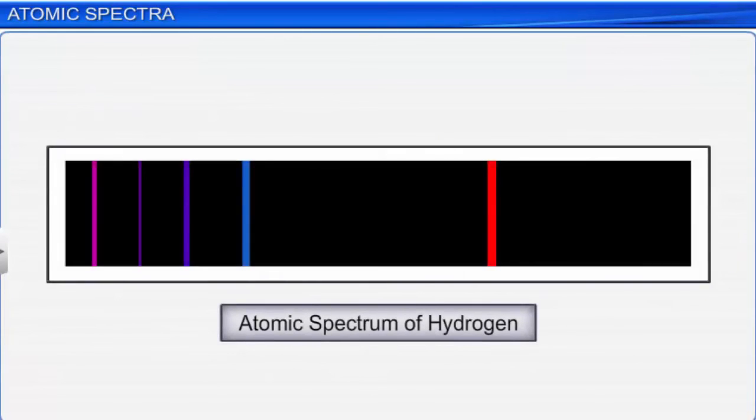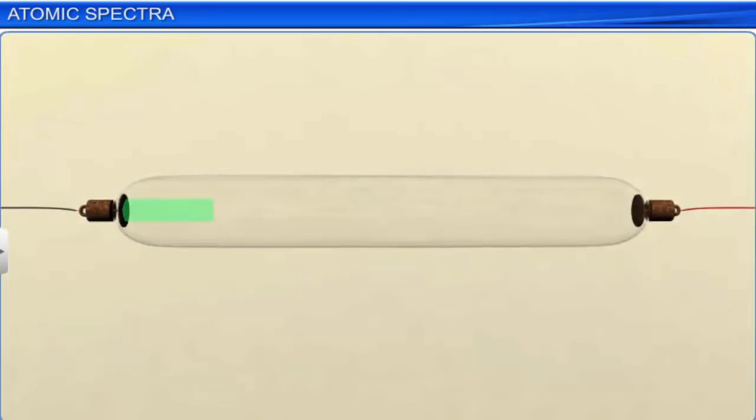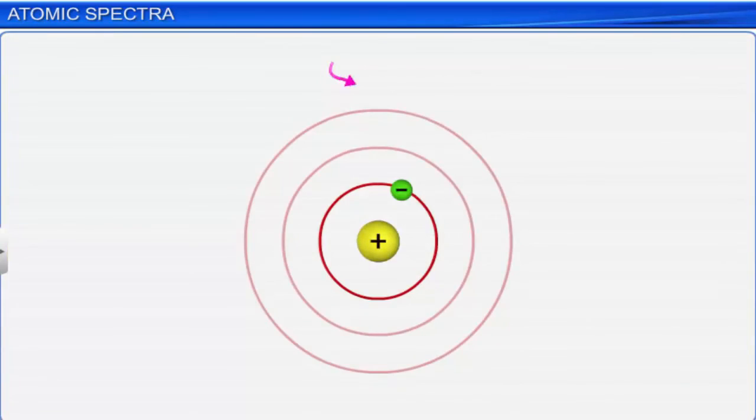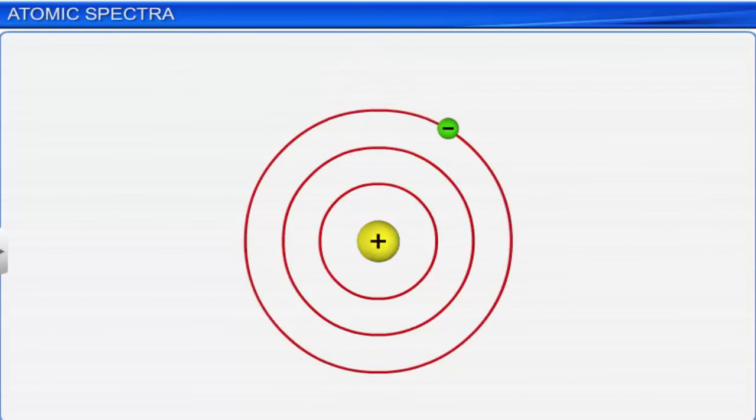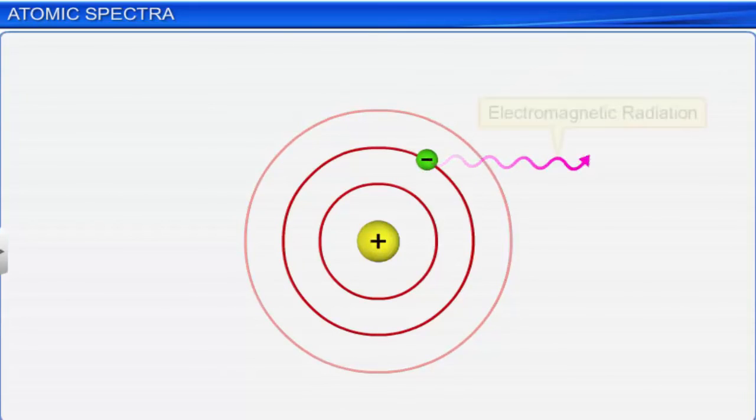Let us study the line spectrum of hydrogen, which is a one electron system. When an electric discharge is passed through hydrogen gas, hydrogen molecules dissociate to produce energetic excited hydrogen atoms. These excited atoms emit electromagnetic radiation of discrete frequencies.